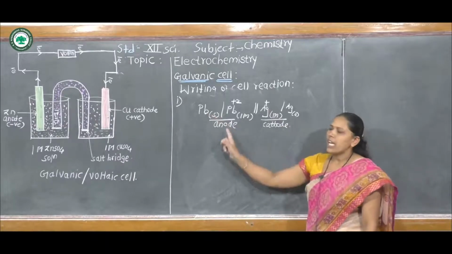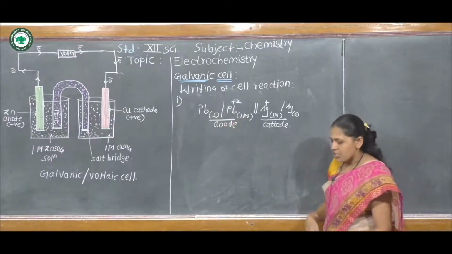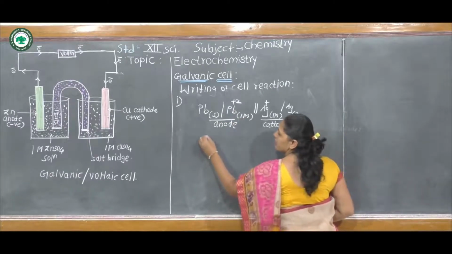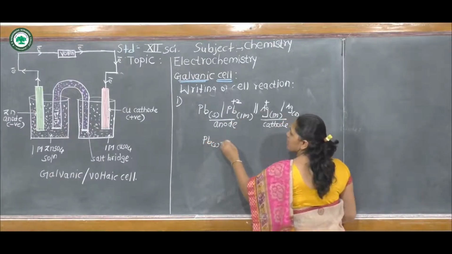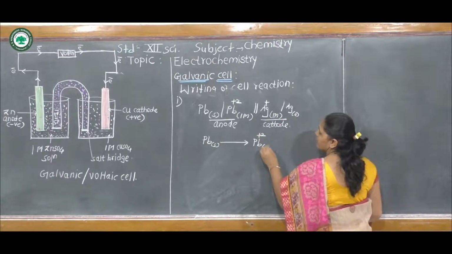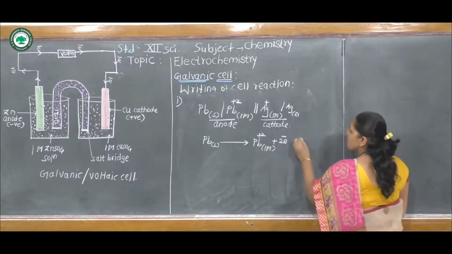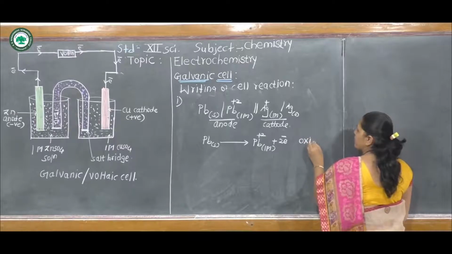At anode oxidation takes place, therefore lead undergoes oxidation by loss of 2 electrons: lead gives lead plus 2 plus 2 electrons. This is oxidation half reaction.